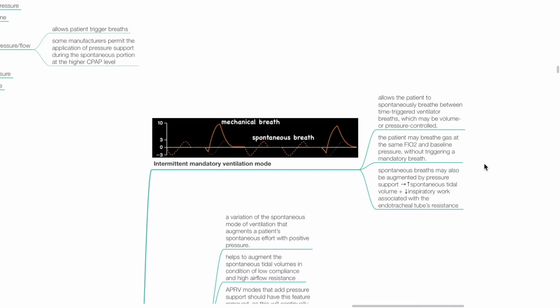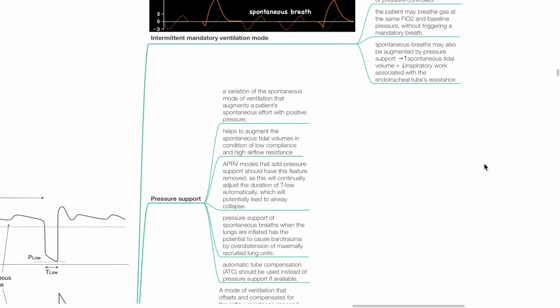An intermittent mandatory ventilation mode allows the patient to spontaneously breathe between time-triggered ventilator breaths and may be volume or pressure controlled. The patient may breathe gas at the same FiO2 and baseline pressure without triggering a mandatory breath. Spontaneous breaths may also be augmented by pressure support, which increases spontaneous tidal volume and reduces inspiratory work associated with endotracheal tube resistance.